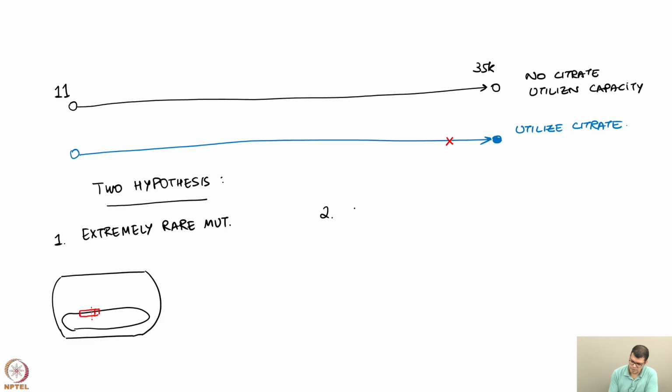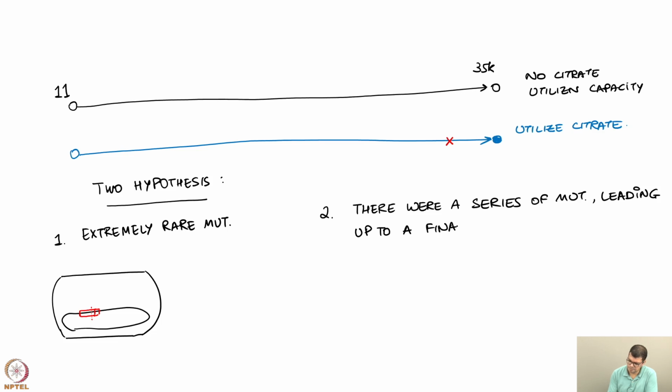The second hypothesis is that there were a series of mutations leading up to a final mutation.